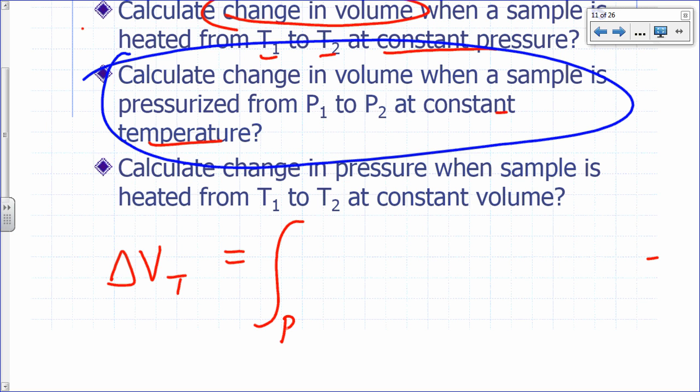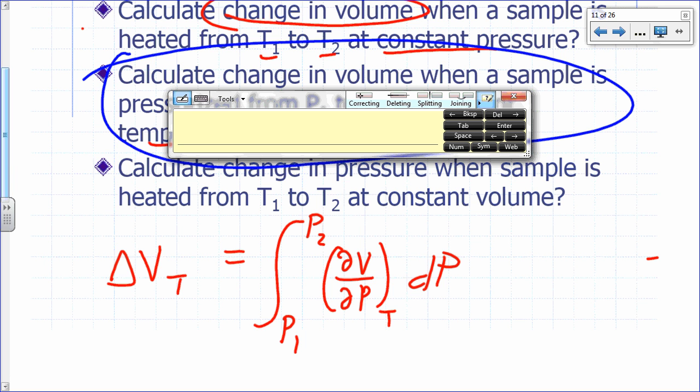Pressure. So we integrate from P1 to P2. Our integration variable is dP. What's our partial derivative going to be here? Partial derivative of volume with respect to pressure, holding what variable constant? Temperature.